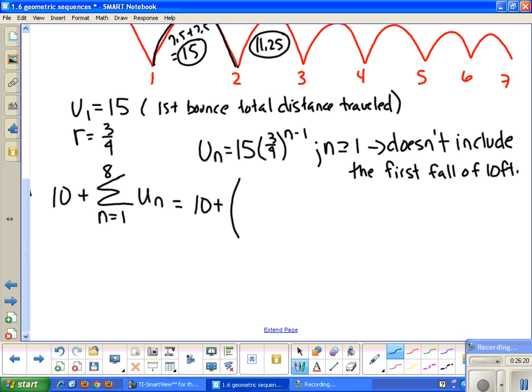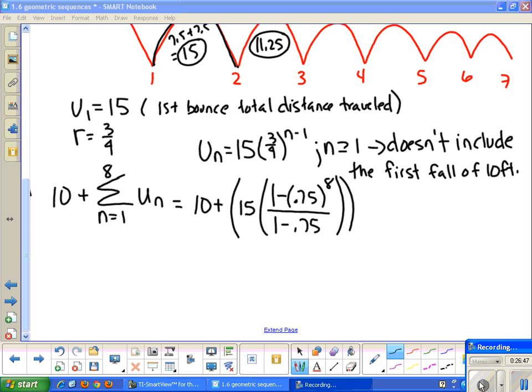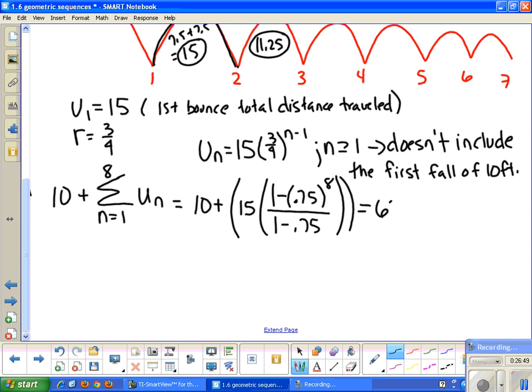So the formula states that it's the first term, which is 15, times 1 minus the ratio, which is 3/4 or 0.75, to the k power, and k in this case is 8, over 1 minus 0.75, because that's my r value. So if I plug all of this into my calculator, you would see that you get a value of 63.99 feet.